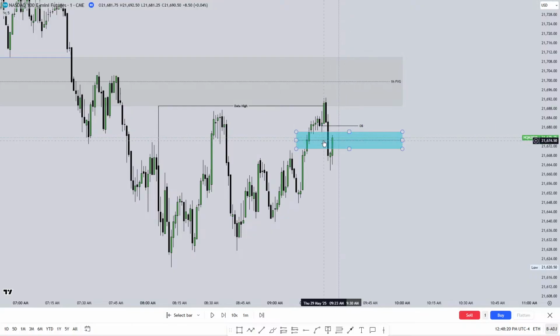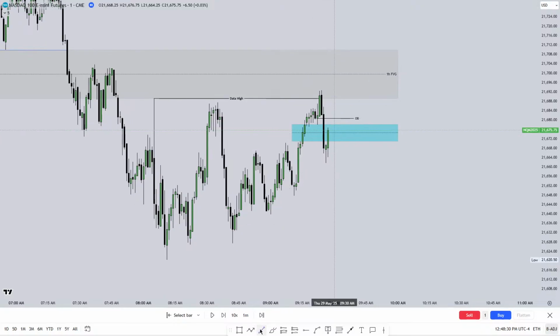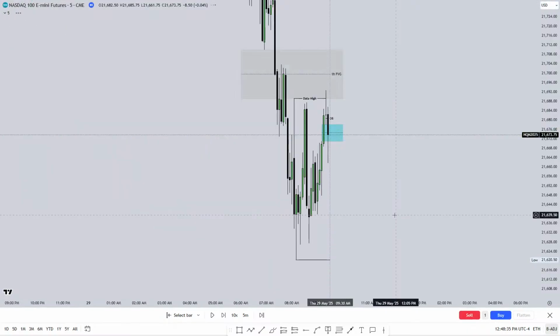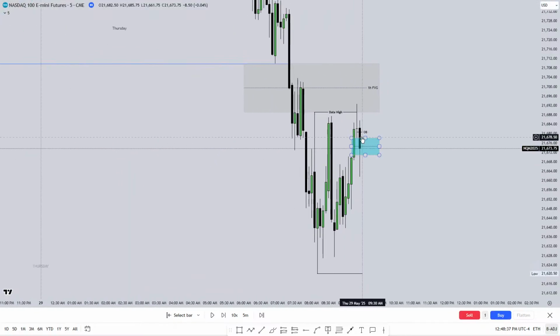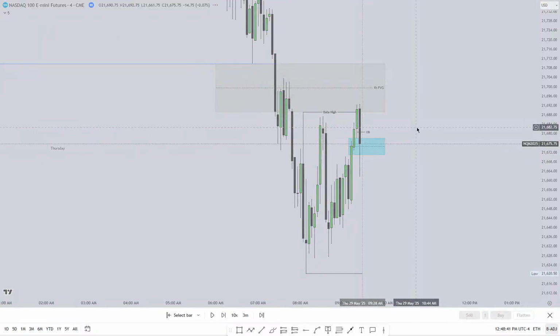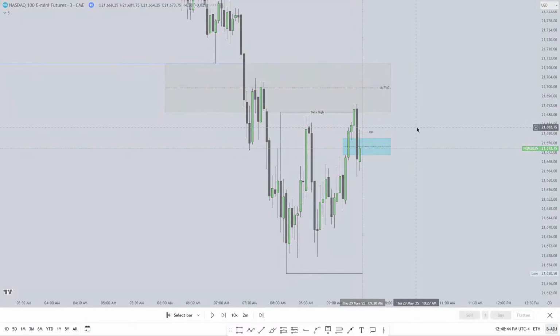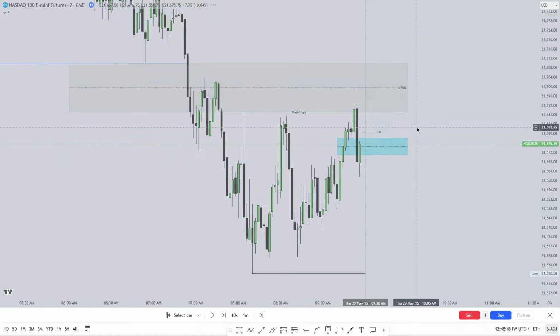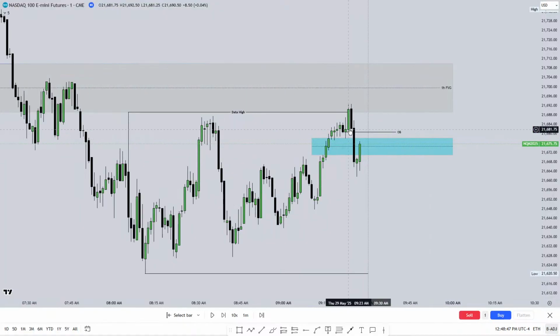Because this is just a really classic setup right here. Change in the state of delivery, inversing these. This is your 2022 model, honestly. Order block, fair value gap, relative equal highs taken, and then looking for lower prices right here. So just a really, really good setup. There's this 5 minute right here that it was trading into. But if you're very bearish, you can really just smack this honestly, just based off of this right here.